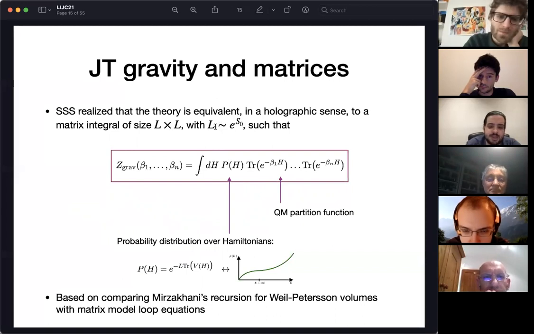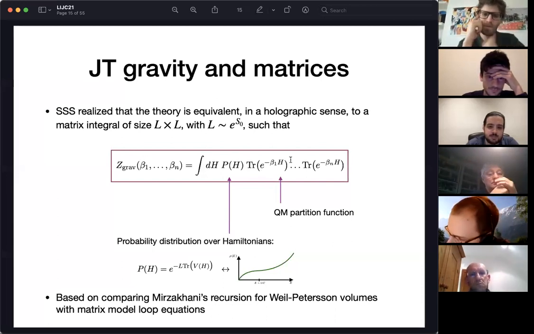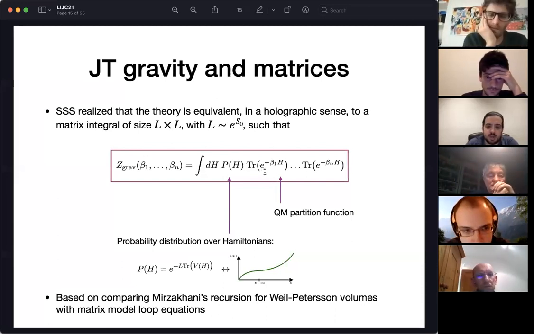And here the reason why this is a wiggly line is because this is in the double scaling limit. So okay, you have to be careful about how you describe this. So you have this integral over matrix, you have this probability distribution, and then for each boundary of renormalized length beta, you insert this quantum mechanical partition function, trace of e to the minus beta H. So this tells you that H should be interpreted as a Hamiltonian of the boundary theory.